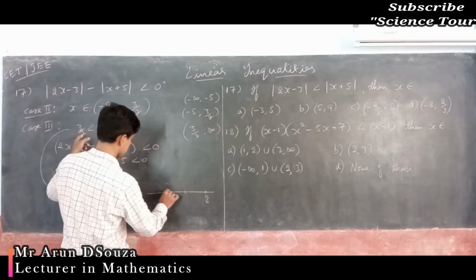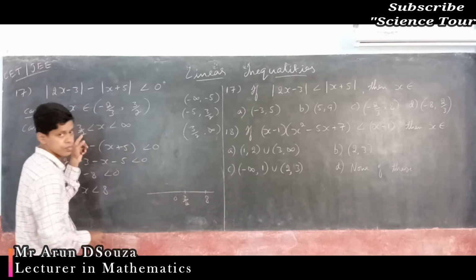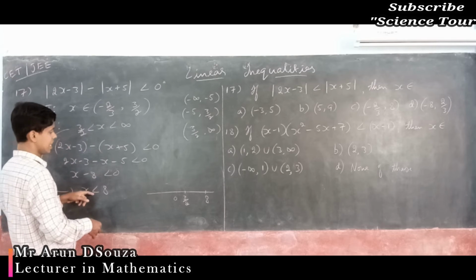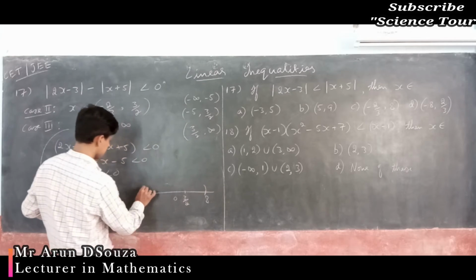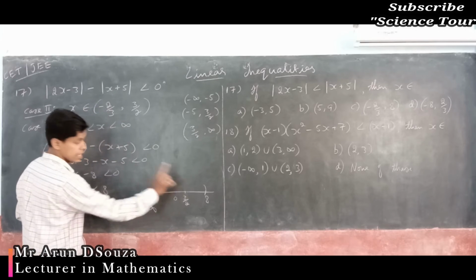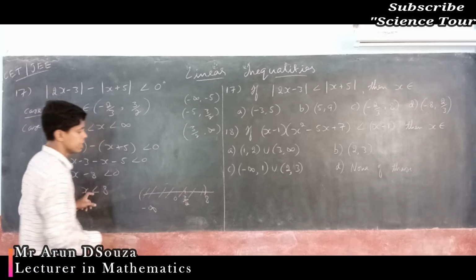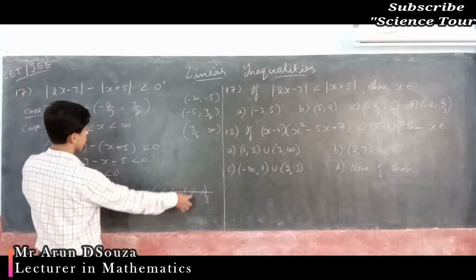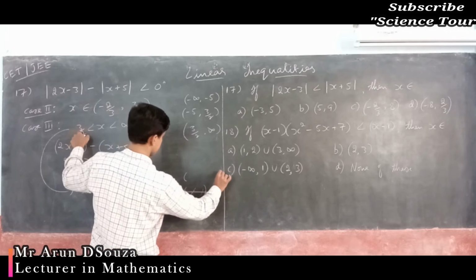I'll take 0 here. So this is 3 by 2, 1.5, and 8 somewhere there. So less than 8 is minus infinity till 8. And the next is 3 by 2 comma infinity, so 3 by 2 till infinity.